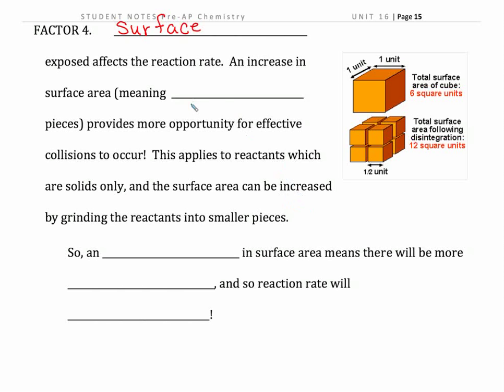And it's because of an increase in the surface area. That means you've crushed it into smaller pieces, like granulated sugar, which will dissolve faster. When it's in a big cube or a big piece, only that amount of area is exposed for attack for the reaction.